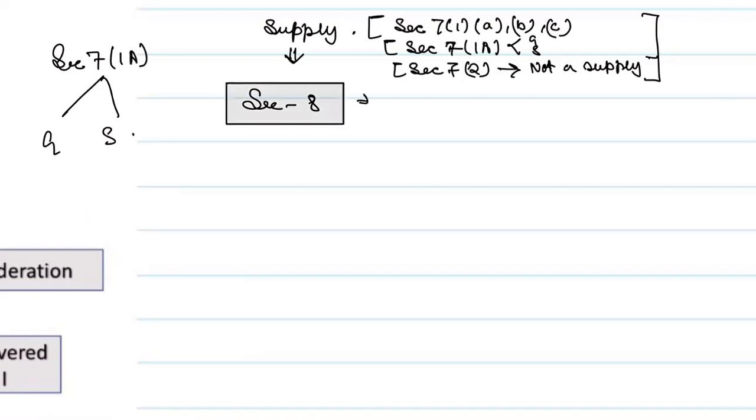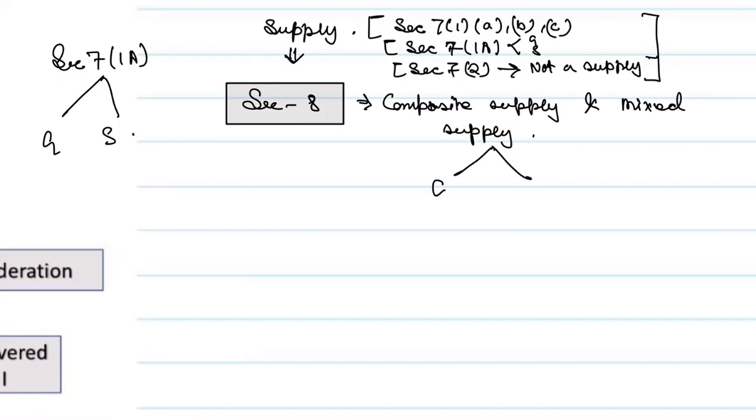Here comes section 8 in the picture. It is of composite supply and mixed supply. Here the main differentiation is also whether it is of goods or of service, because in 7(1) there are limited 10 to 11 entries only. 10 to 11 things they have only covered.